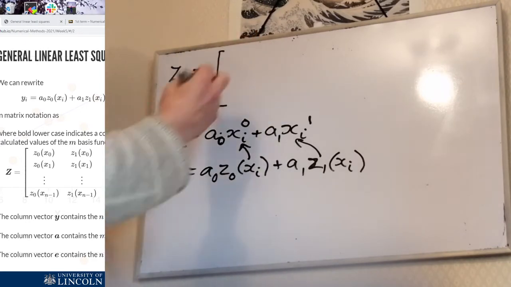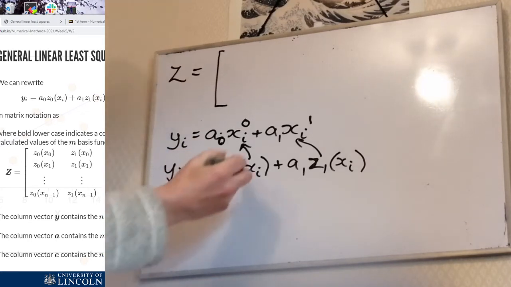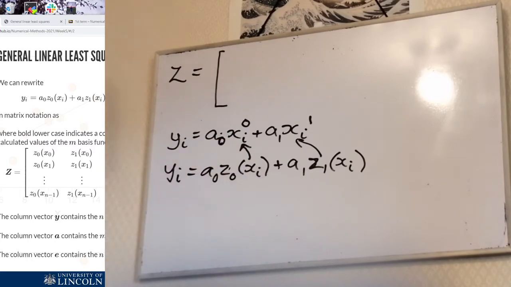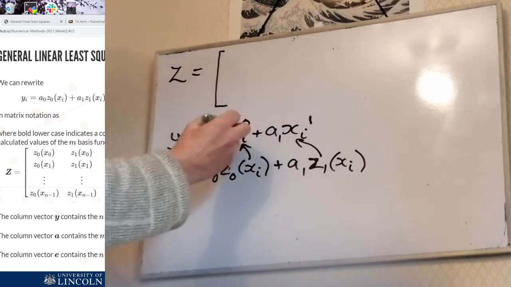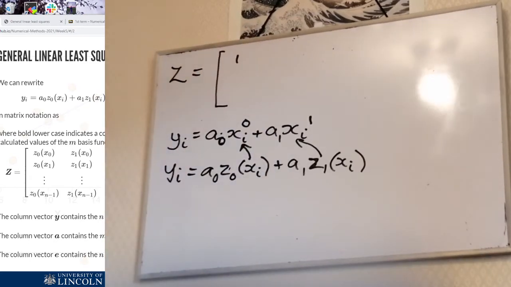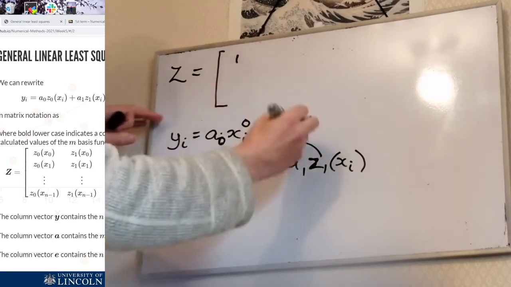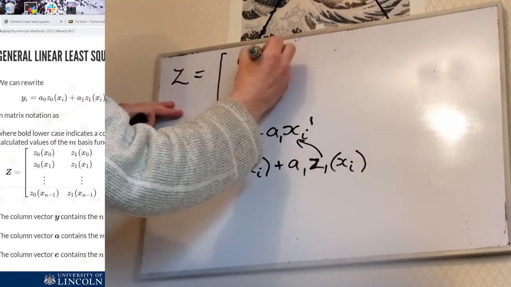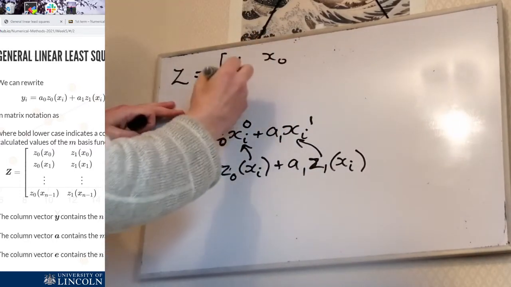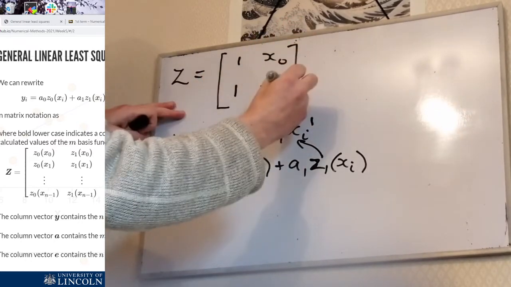So here I have z0 evaluated at x0, so x0 to the power 0, which is 1, and then in the next column, z1 of x0, and that's going to be x0. That's going to be Z.